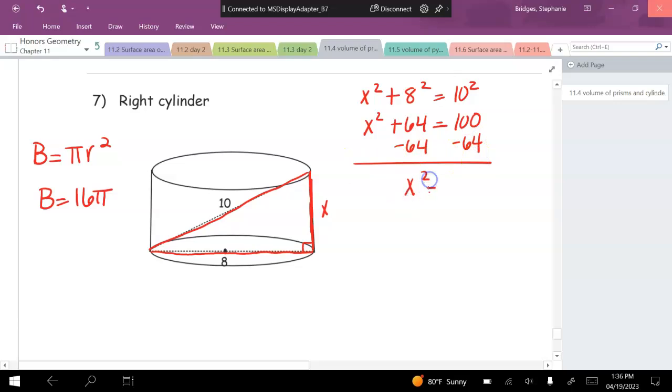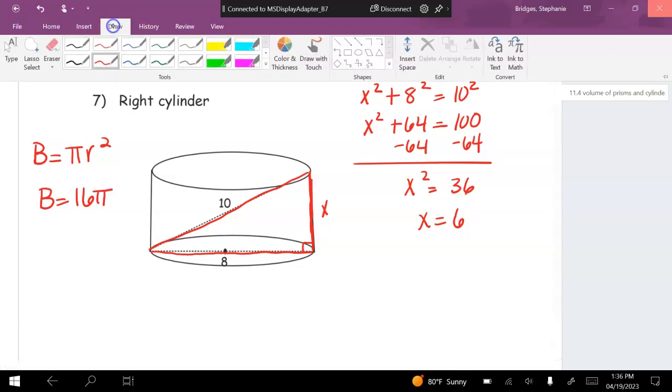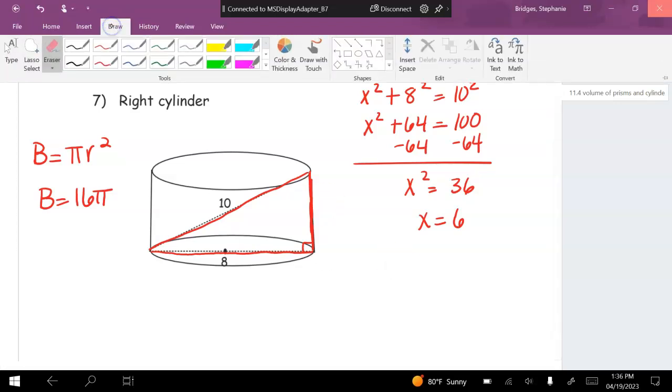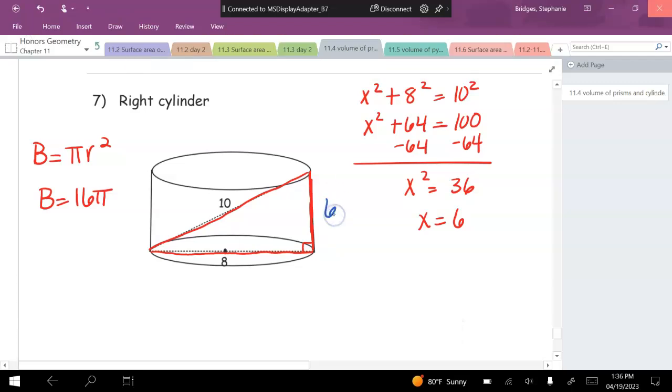So I get x squared equals 36. So what is that height going to be? 6. So the height we just found is 6.